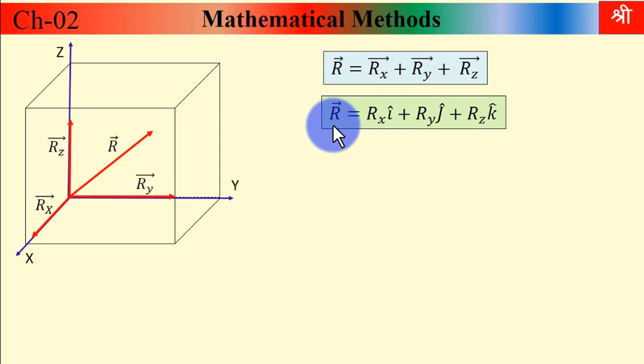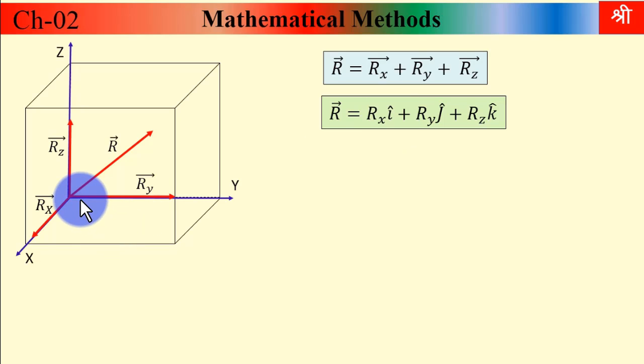This can also be written as vector r equal to rx into i cap plus ry into j cap plus rz into k cap, where rx, ry and rz are magnitudes of rectangular components, and i cap, j cap and k cap are called as rectangular unit vectors. i cap, j cap, k cap, they are unit vectors. Their magnitude is 1 and they have specific directions.